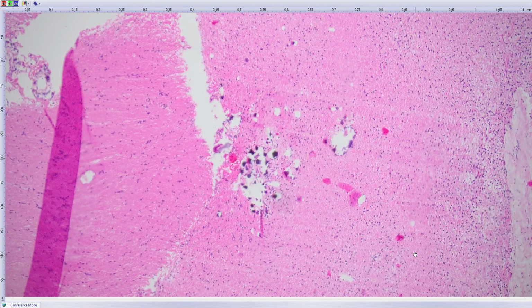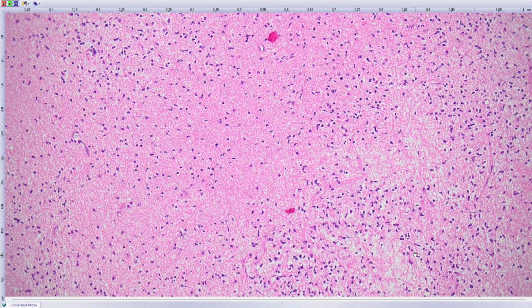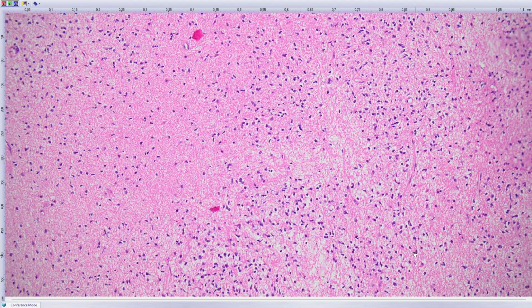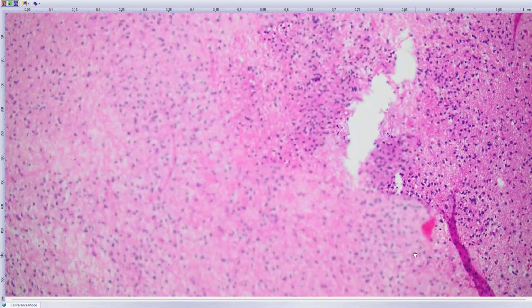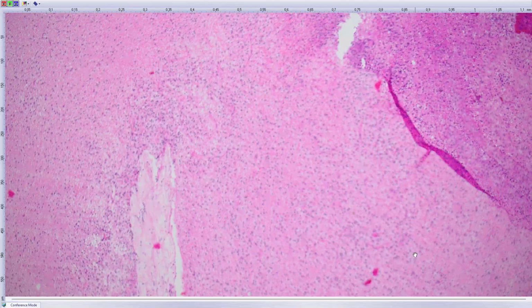There is some microcalcification. They asked for the diagnosis because they were not sure about it, and when I looked at the tumor, I was not sure either. It looks low grade. No big atypia, no mitotic figures, no necrosis, no microvascular proliferation. It looks a little bit astrocytic here.